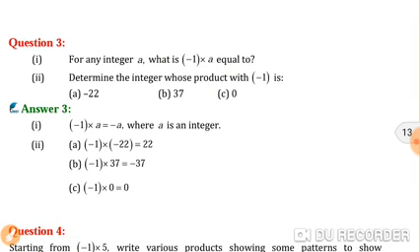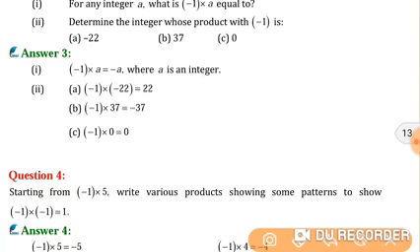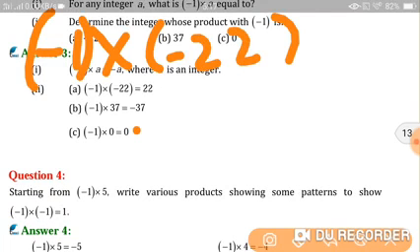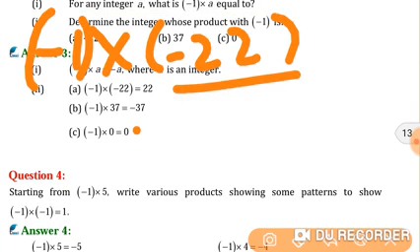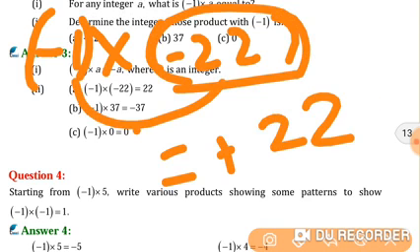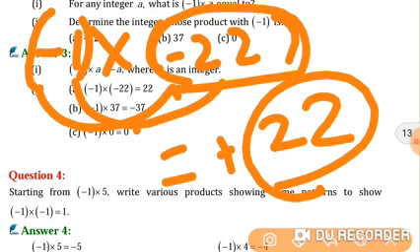Determine the integer whose product with -1. See, just now I have given examples of 4 and -5. Here they are given the examples -22, 37 and 0. So multiply with that. So -1 into -22. By application you can change the sign and write the answer directly, +22, or multiply: 1 into 22 is 22, minus into minus plus.